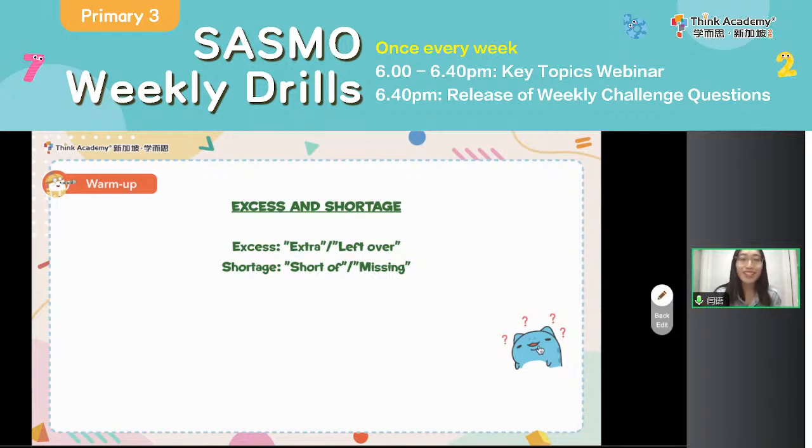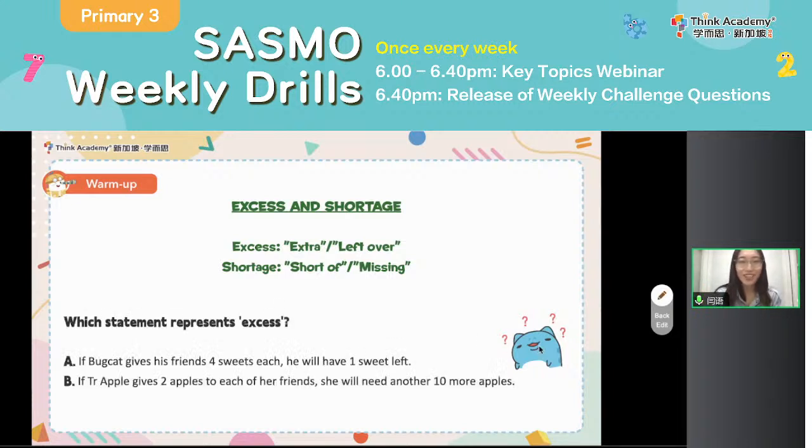So here, maybe we can start from a quick quiz. Which statement represents excess? A, if Bucket gives his friends 4 sweets each, he will have 1 sweet left. B, if teacher Apple gives 2 apples to each of her friends, she will need another 10 more apples.